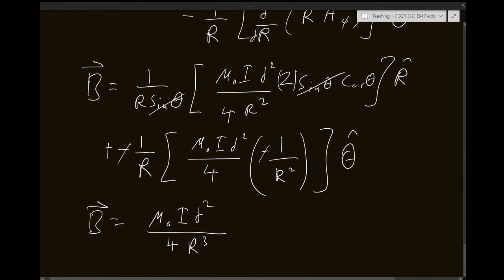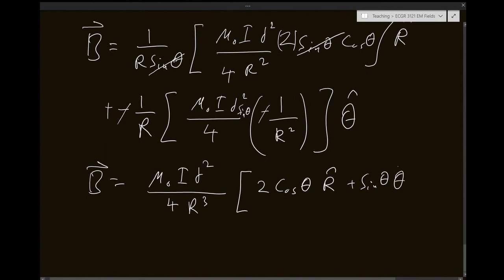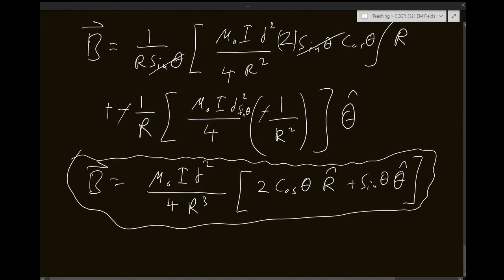I missed something here. Oh, there's a sine theta here. I forgot about that. So I end up with this simplified equation: 2 cosine theta r hat plus sine theta theta hat. And this is the magnetic flux density due to the dipole.